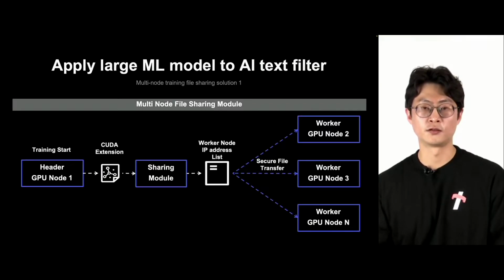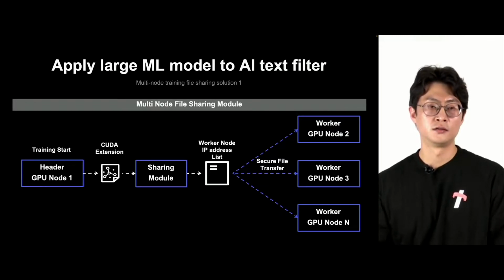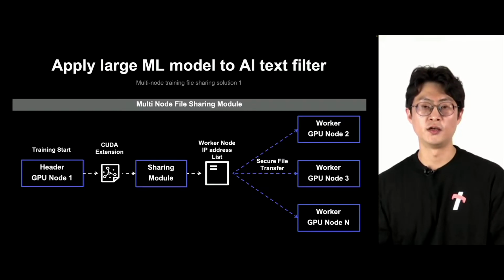So in order to resolve this issue, we have created a file sharing module. When the training begins, the CUDA extension file is made, and with this CUDA extension file, we refer to the worker node's IP address in the sharing module.